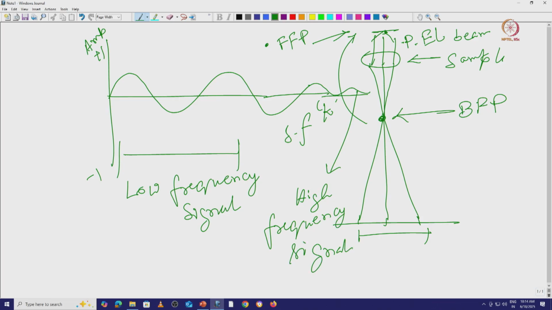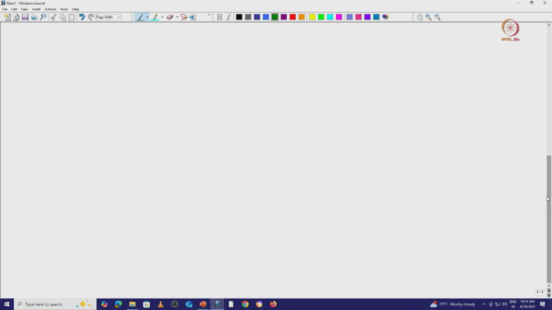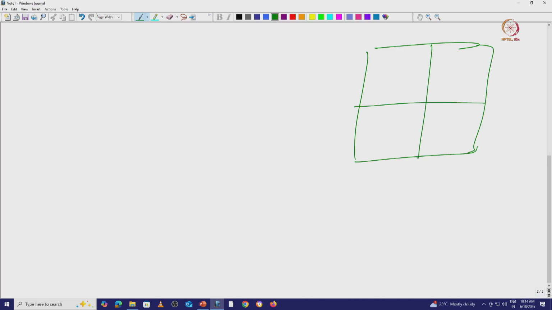Okay. So if we remember our diffraction pattern, previously we discussed that when we have the diffraction pattern, at the central part we are getting a very dense white patch, right. If you remember the power spectrum, we are putting those dots, right.